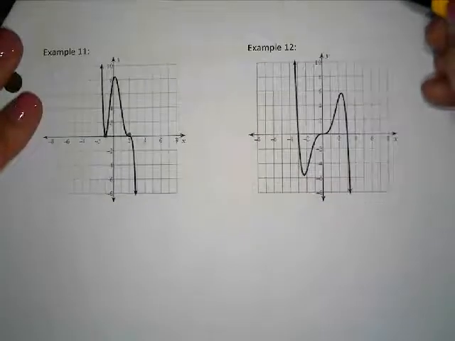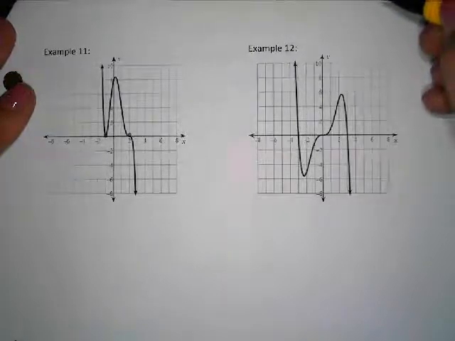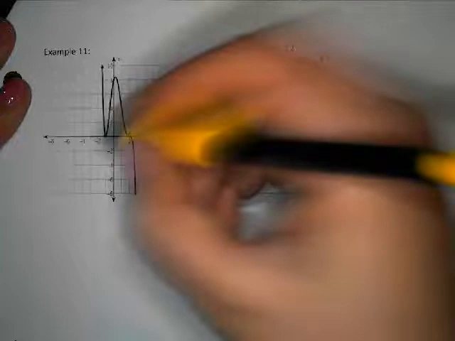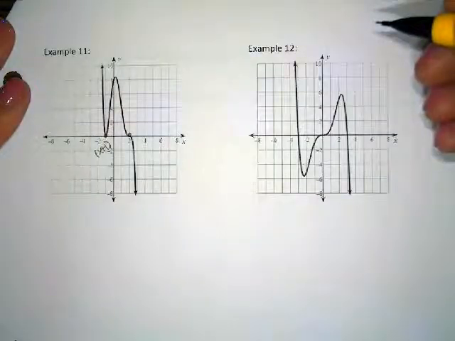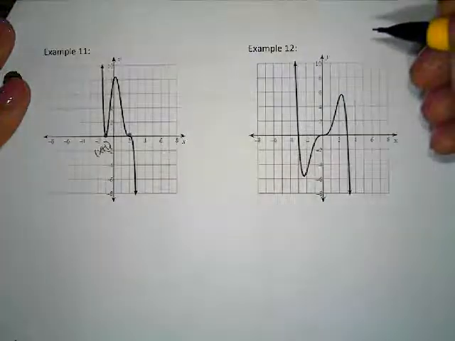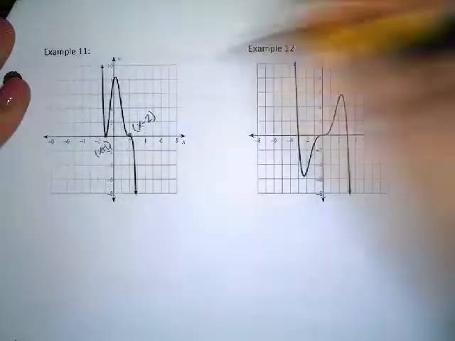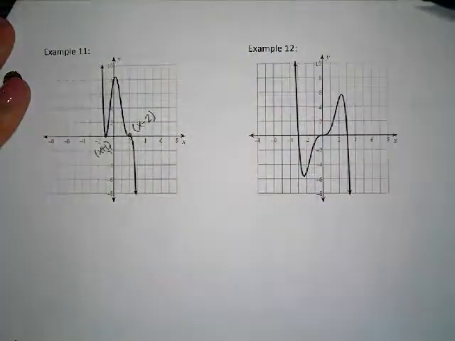Okay, what parentheses are we getting? X plus 1, x minus 2. Any idea what the multiplicity is? Which one is a multiplicity of 3?